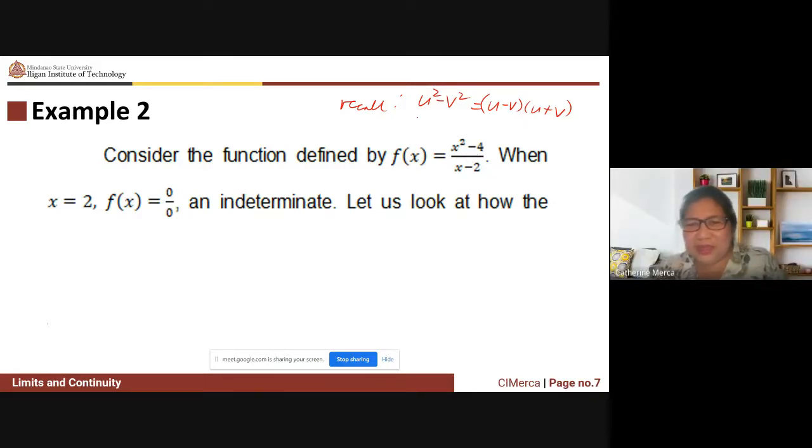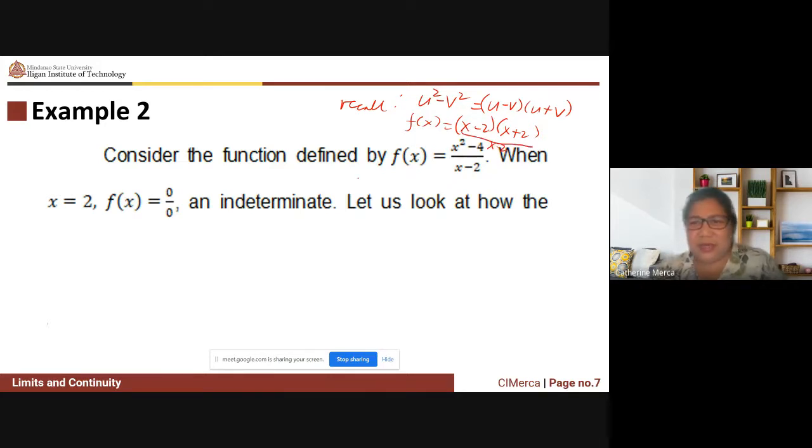So this one can now be rewritten as f of x equals x minus 2, because 2 squared is 4, right? Times x plus 2 all over x minus 2.